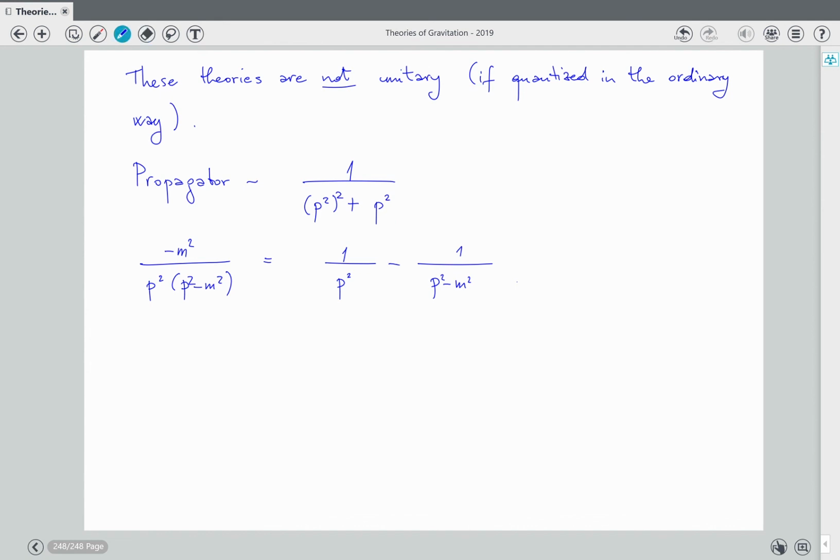Why that normalization? Because of this difference. When the mass goes to infinity, which means at low energies, when p squared is negligible with respect to m squared, you get 1 over p squared. So we recover quantum gravity at low energies, 1 over p squared, when the mass goes to infinity. But in this theory, you see that the propagator has two poles, and one has a positive residue, and that's fine. But the other one has a negative residue, and that violates unitarity.